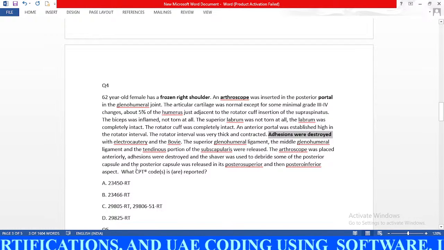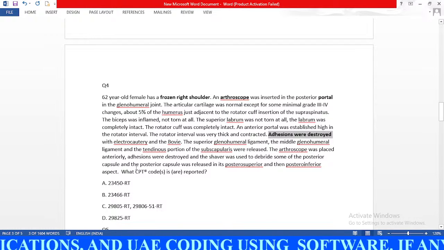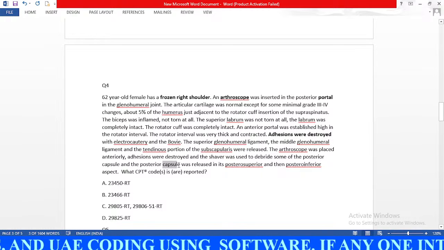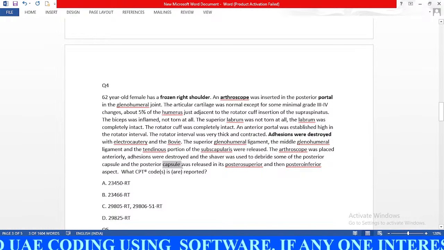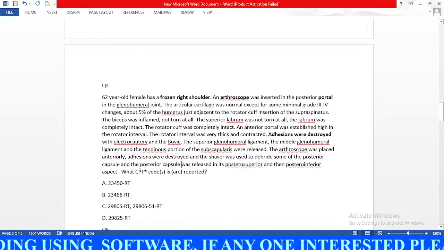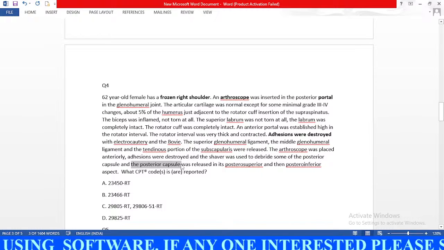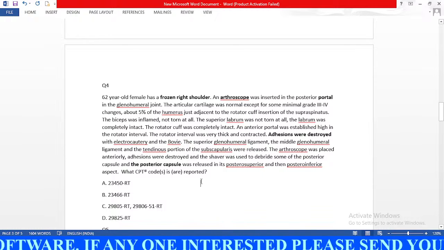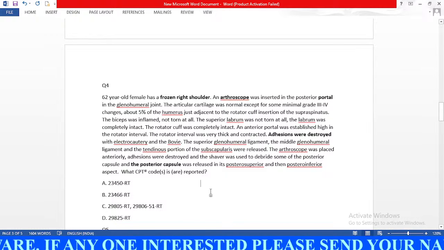As we discussed previously, every joint has a capsule. Here the physician debrided the capsule. You need to remember that every joint has a capsule, which is the covering of the joint.